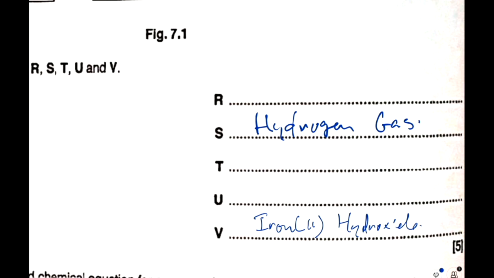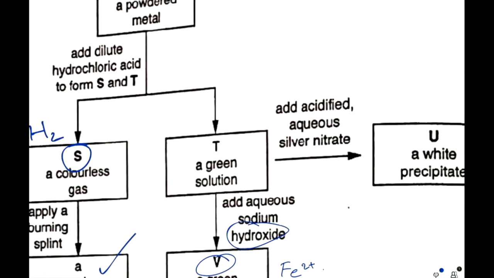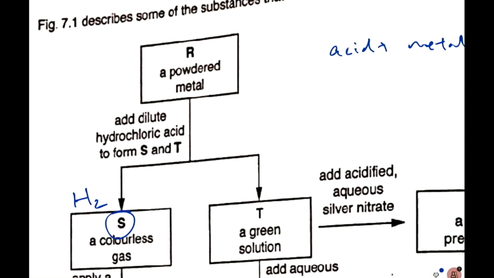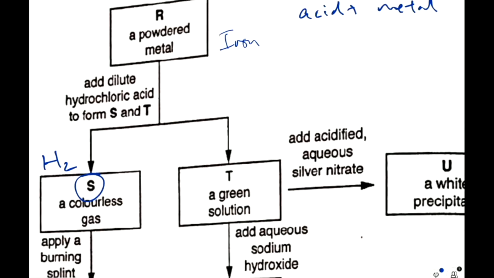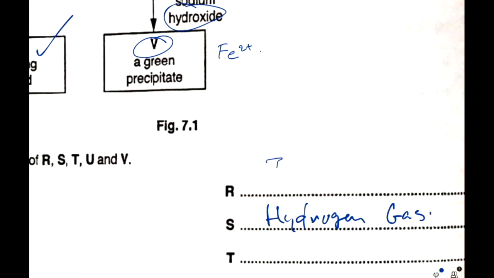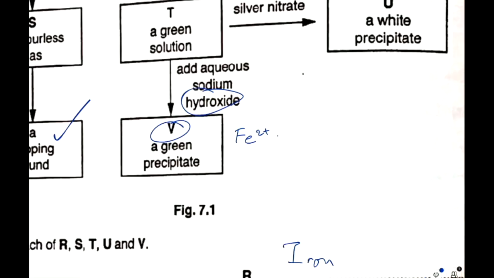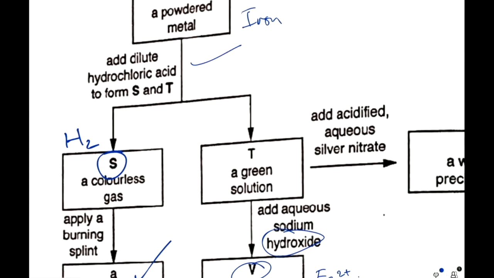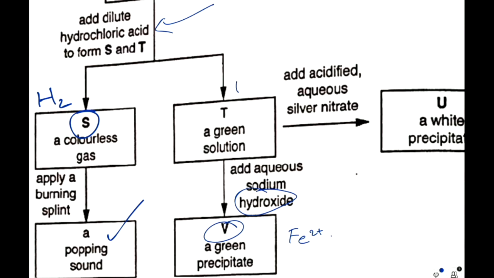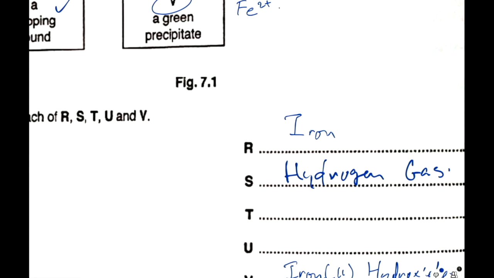So that means the powdered metal must be iron. So R is iron, because an iron solution was produced, a green solution. So iron plus acid gives iron chloride, FeCl2. So T is iron chloride.